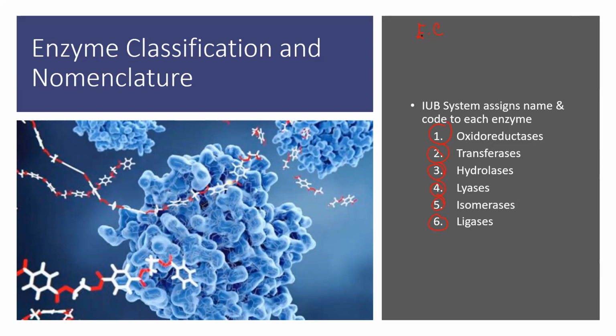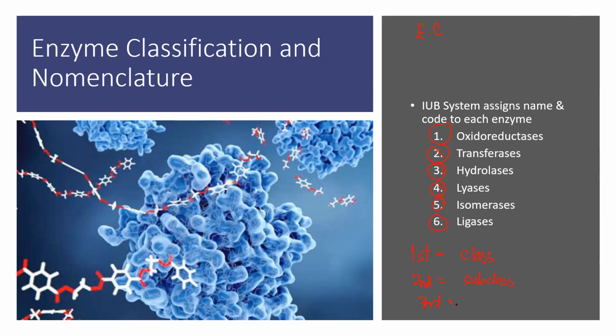Our EC code is composed of 4 to 5 numbers, wherein the first digit represents the class. Whether oxidoreductases, transferases, hydrolases, lyases, isomerases, or ligases. The second pertains to the subclass.